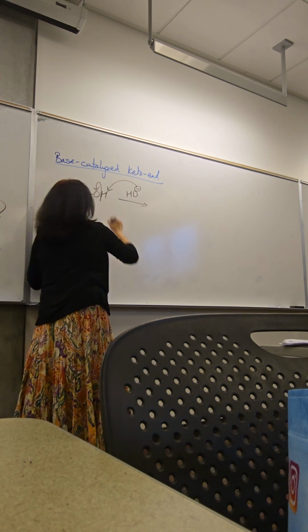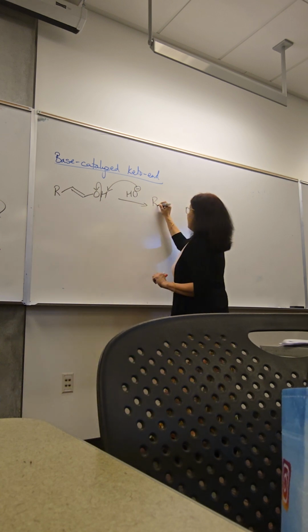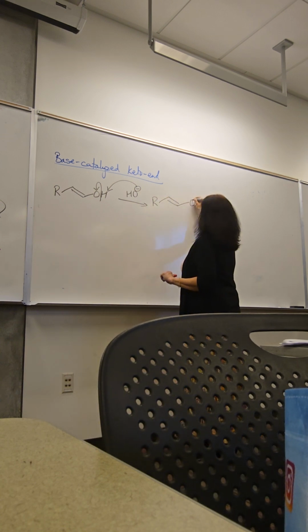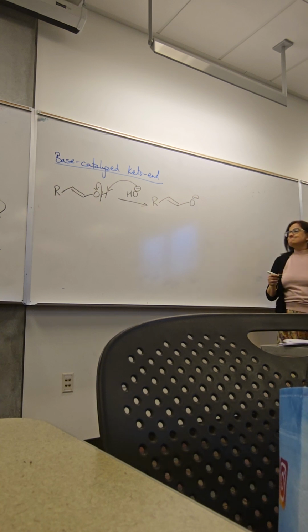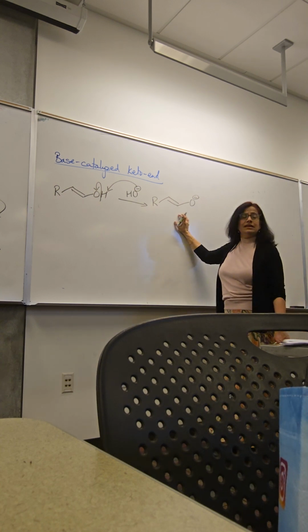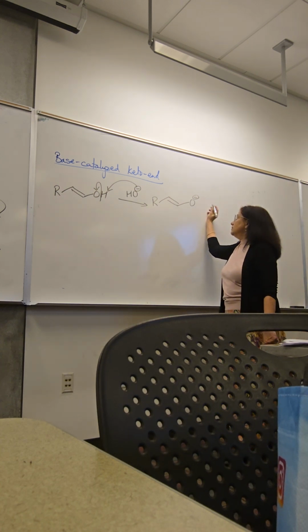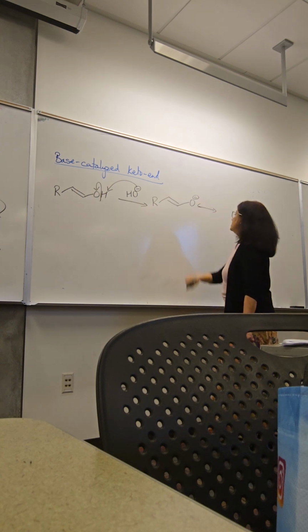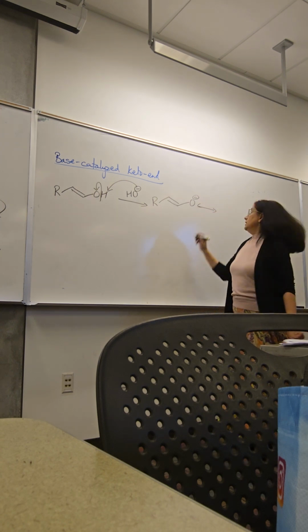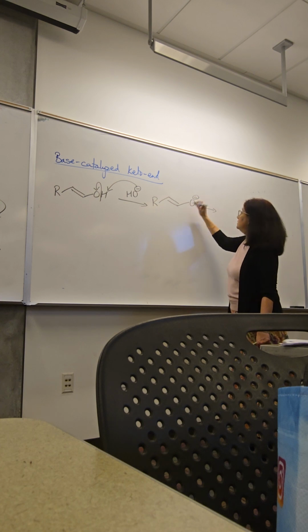And if it takes that, what does it become? And what is so special about this anion? Electron rich. What is so special about this anion? The resonance. Exactly. It's resonance stabilized. It is an allylic position, it's resonance stabilized.